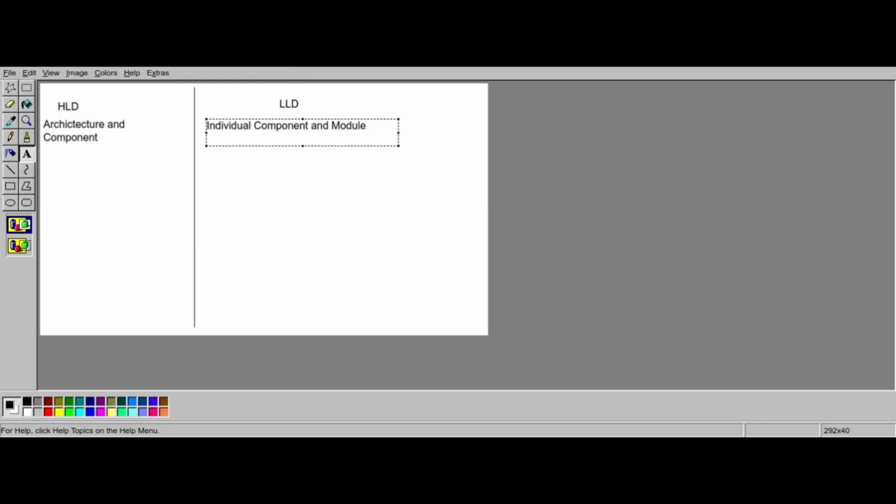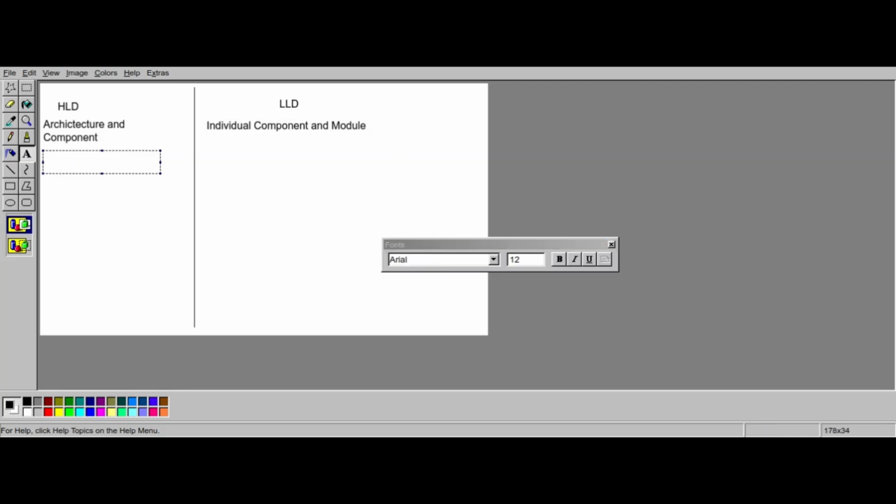Next, focus. The focus of high level design is the system architecture, data flow, and interaction between the major components. And low level is the algorithm, data structure, and logic. So high level design is basically the data flow, meaning how the work will flow.